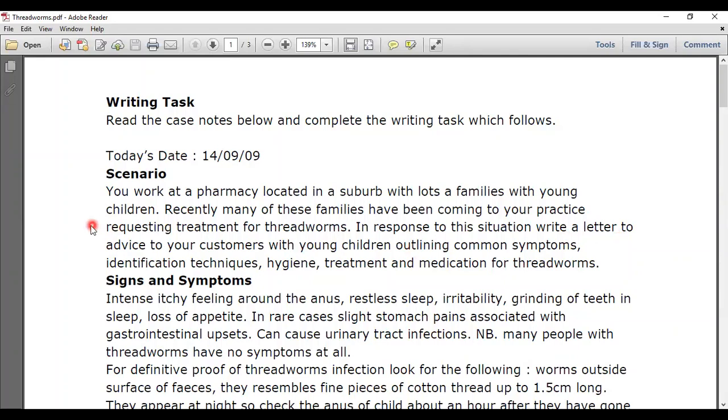So here it says you work at a pharmacy in a suburban area where lots of families are with young children, and these families have requested you to provide treatment for threadworms, and that is why you are writing a letter of advice to your customers with young children. Again, the purpose is the same: common symptoms, identification technique, hygiene, treatment, and medication.